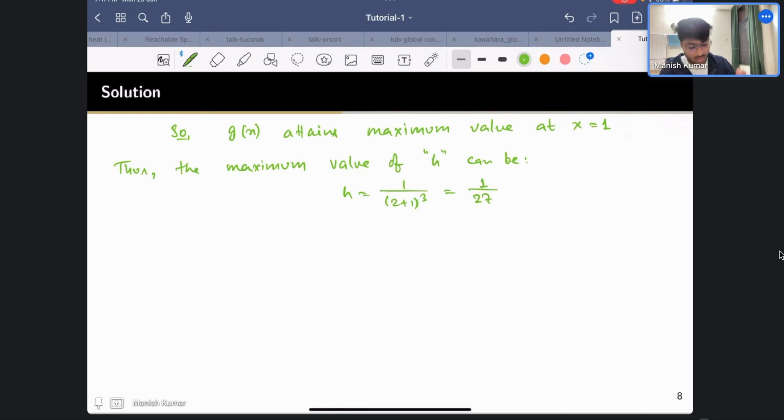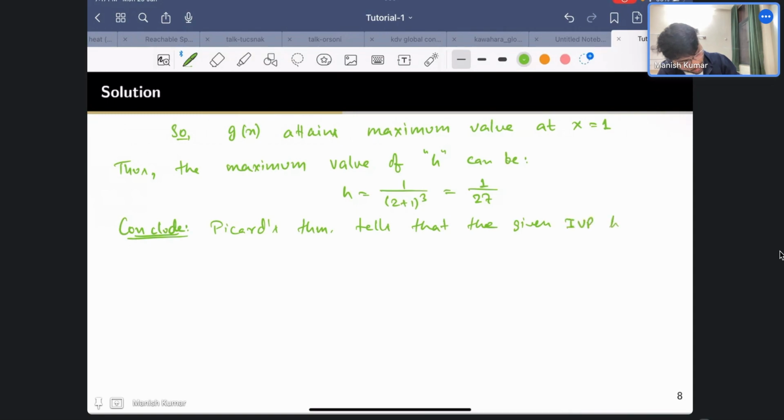So let me conclude this whole discussion. Picard's theorem tells that the given IVP has a unique solution y(t) for t belonging to (minus h, h), that is, minus 1 by 27 to 1 by 27, correct?